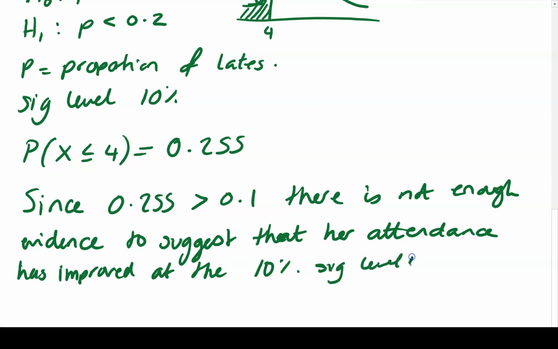There we go. Reject, you can put this in any order, reject H1 in favour of H0, or you could say do not reject H0, something like that.